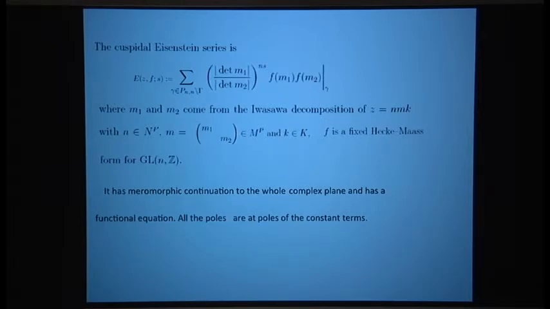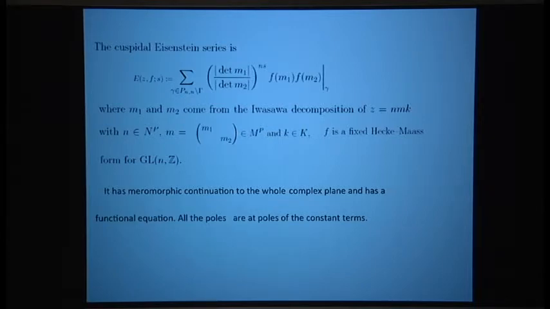This cuspidal Einstein series, F is a Hecke-Maass form for GLN. This cuspidal Einstein series lies on GL2N. It was studied by Langlands, and it has meromorphic continuation to the whole complex plane, and has a functional equation, S goes to 1 minus S. And all the poles lie in the constant term of this Einstein series.